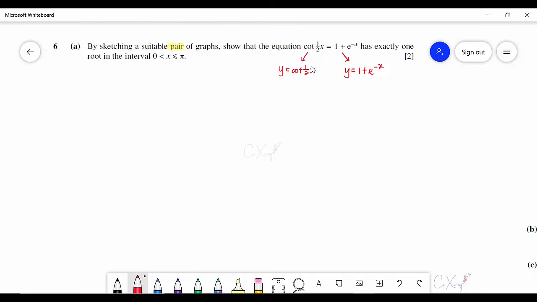We will start with y equals cotangent half x first. This graph generally starts from the tangent graph. The tangent graph originally looks something like this, and the asymptotes will be pi over 2 and negative pi over 2. This is y equals tangent x.